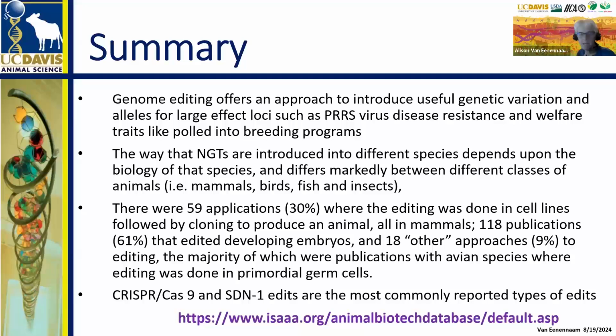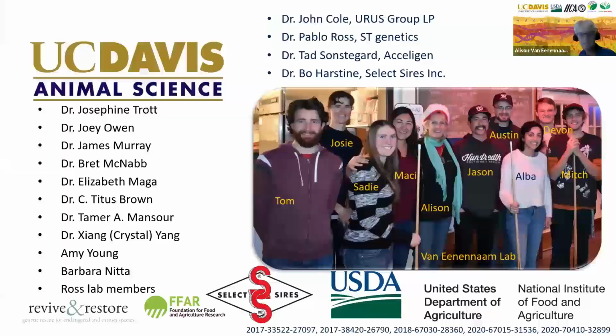But CRISPR-Cas9 was about 80% of the peer-reviewed literature, and SDN1 edits was about 75%. So knockouts using CRISPR-Cas9 is by far, at the current time, the most common edit that we're seeing in the peer-reviewed literature, which is usually a bit of a view to the future as to what's likely to be coming down the pipe.